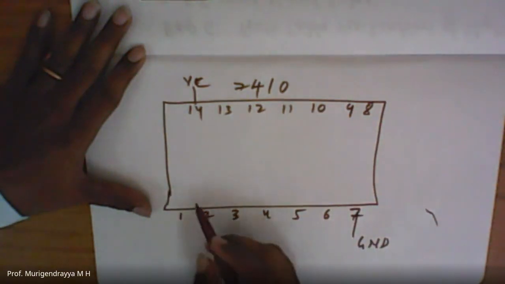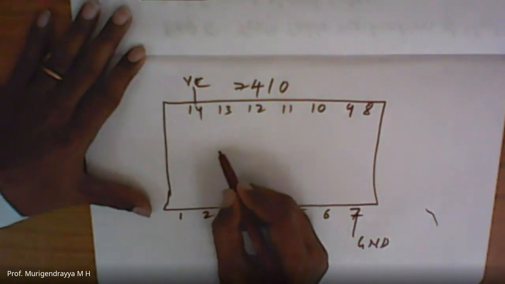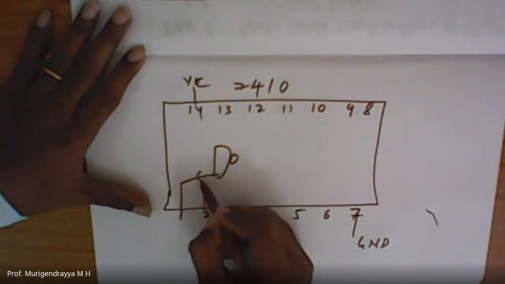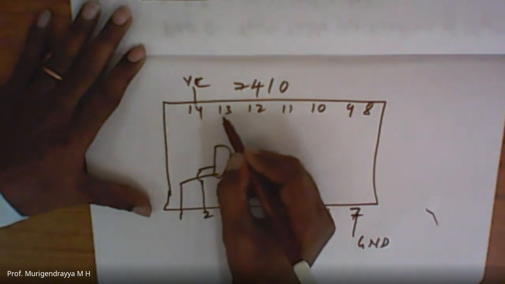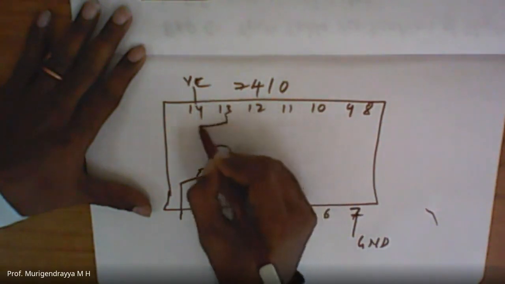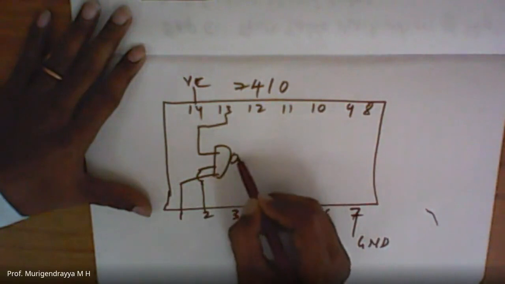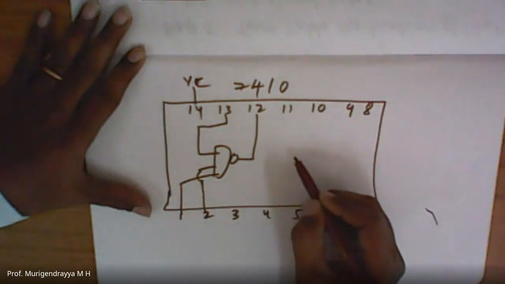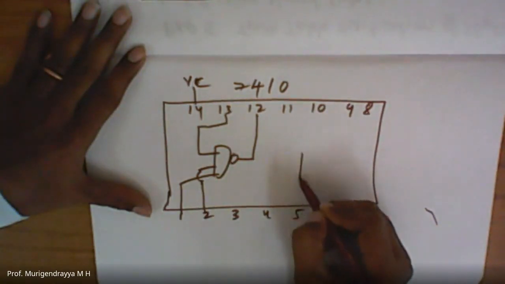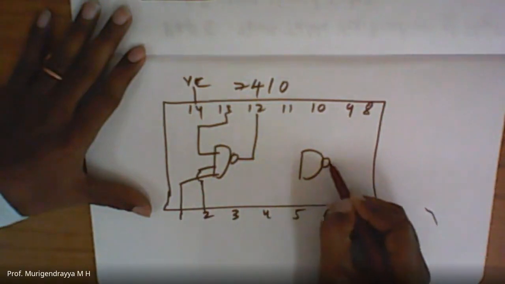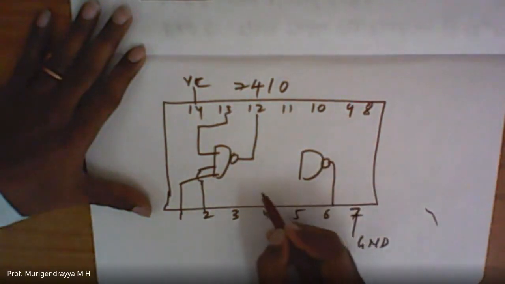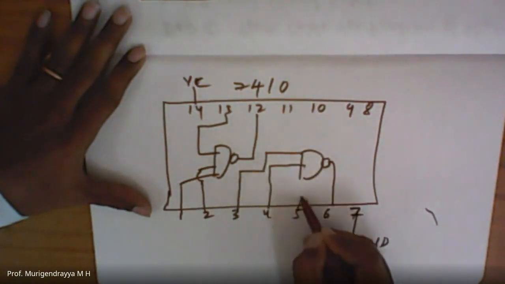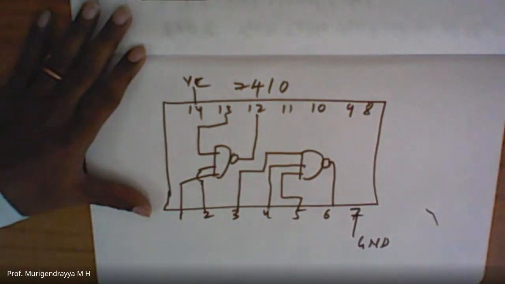For the first NAND gate, pin number 1, pin number 2, and pin number 13 are inputs, and pin number 12 is the output. The second NAND gate has pin number 6 as output, and pin numbers 3, 4, and 5 as the inputs.